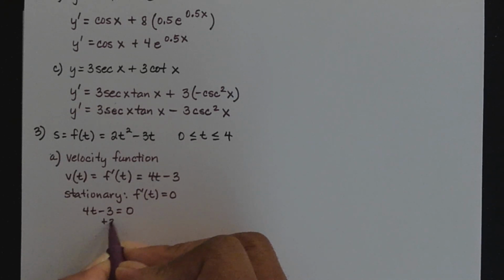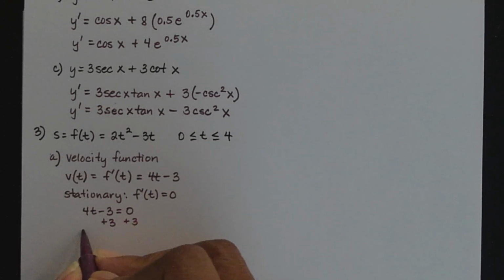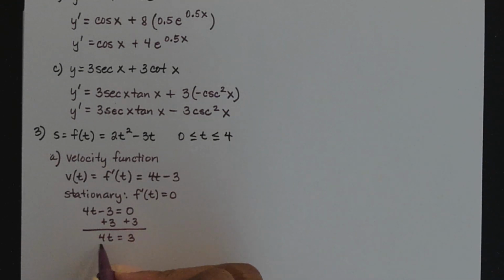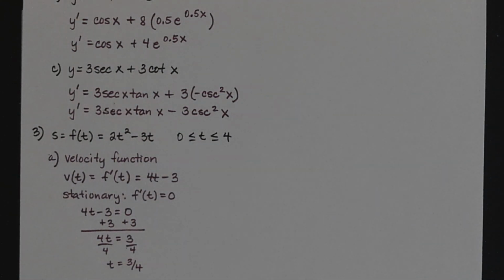Okay, so if I add 3 to both sides, that means 4t is equal to 3. Divide both sides by 4. And I'm going to leave this as a fraction of 3/4. So that means in 3/4 of a second, that's when the object is stationary.